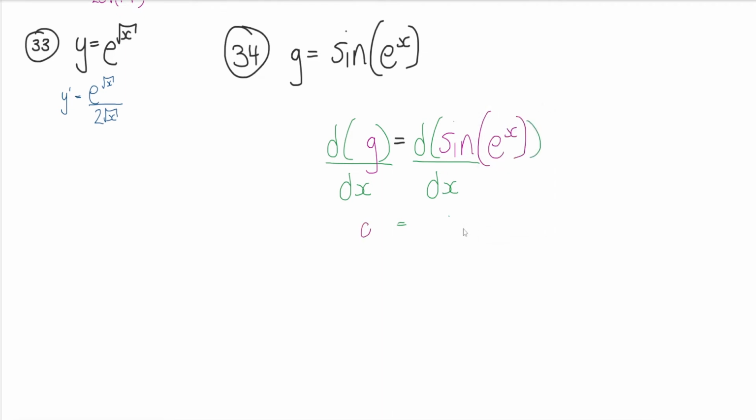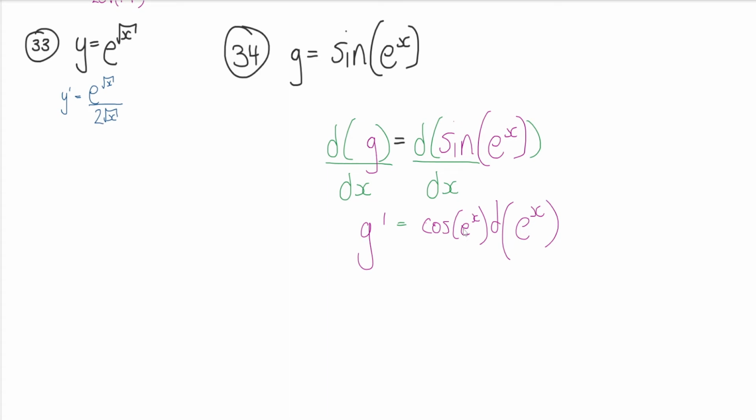So we say g prime is equal to the derivative of sine of e to the x. We take the derivative there, so we end up with cos of e to the x. Then the d dx gets transferred to the inside, e to the x.